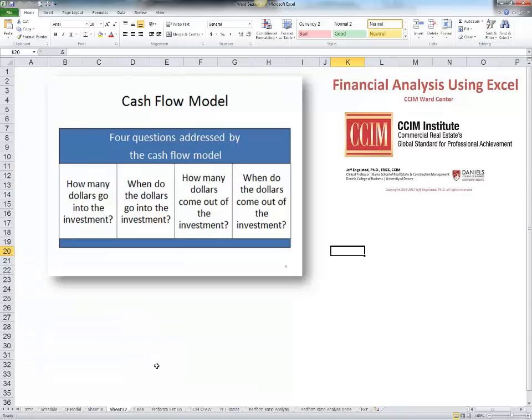How many dollars go into the investment and when do they go in? How many dollars come out of the investment and when do they come out? If you can answer the 4 investment questions, then you can model any kind of financial situation, and you can then keep score in the way of internal rate of return, net present value, any type of financial analysis that would go along with that.